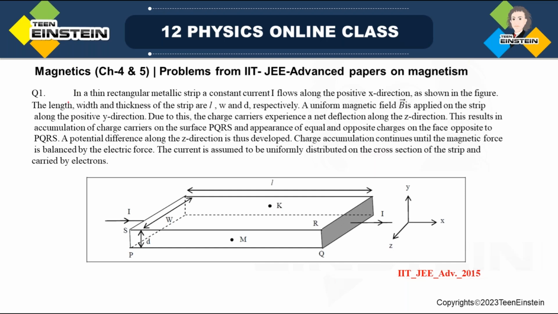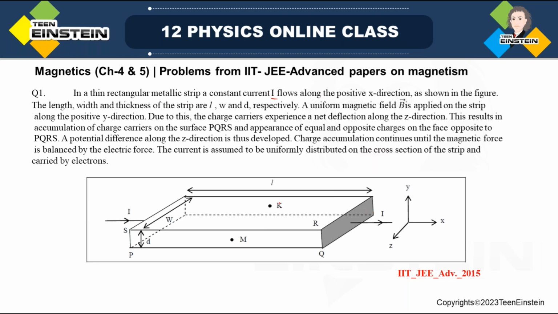So the paragraph says, in a thin rectangular metallic strip, a constant current I flows along the x direction.